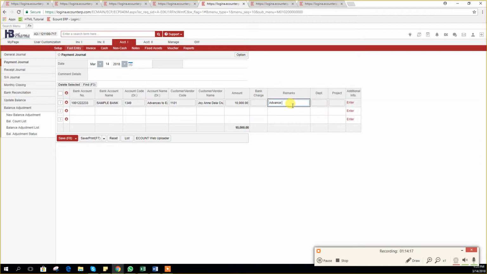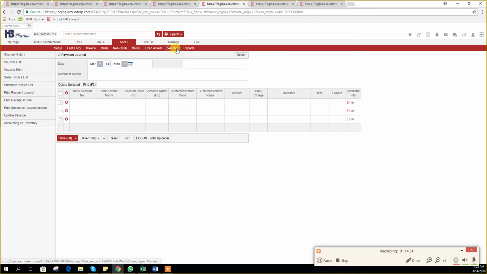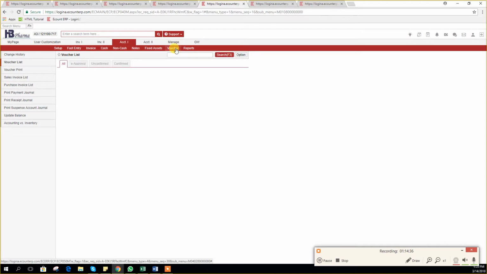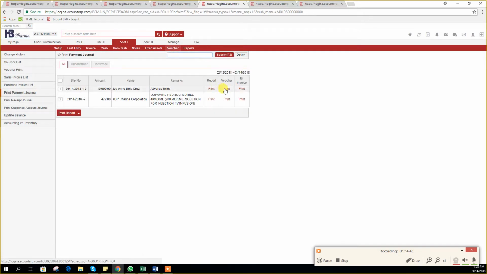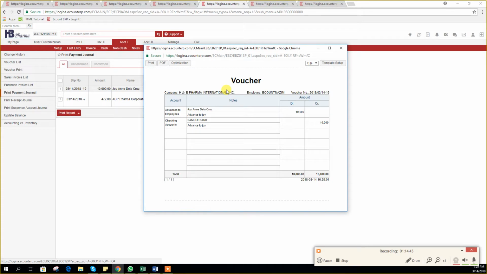This is the payment journal, because the money is coming out of my bank. So now I'm going to save this. And what is the double entry? Of course, credit out the bank. So what is the debit? It is going to debit advances to employees, Joy.